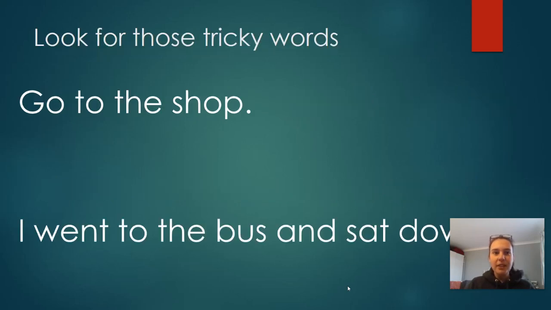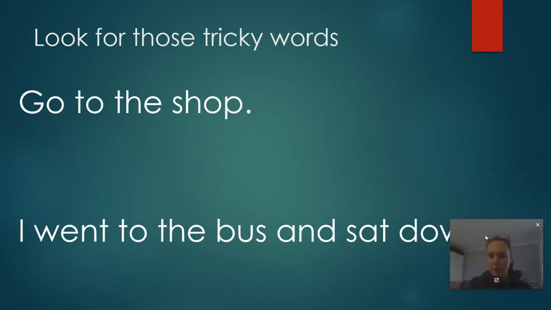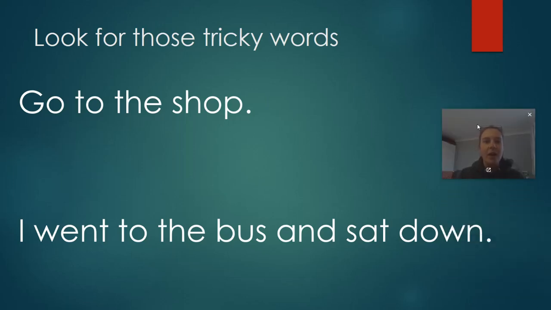Okay, now the next step is when we are reading. When we are reading our sentences, the first thing you need to do is look out for those tricky words, okay? Those tricky words that we have learned. That's the first thing you need to do when you look at your sentence. So let's have a look at the first sentence.